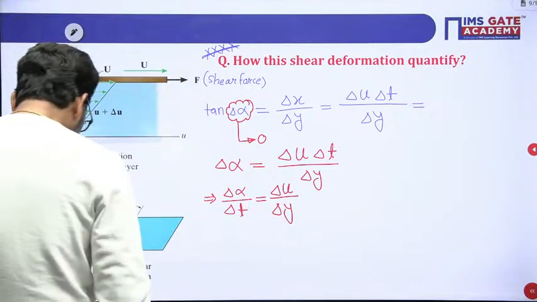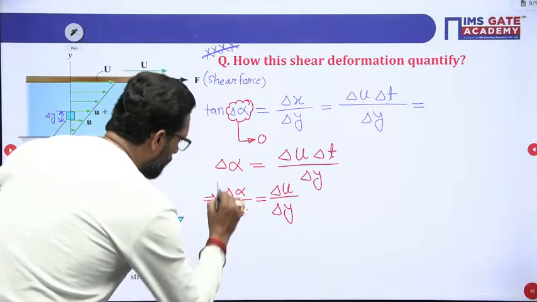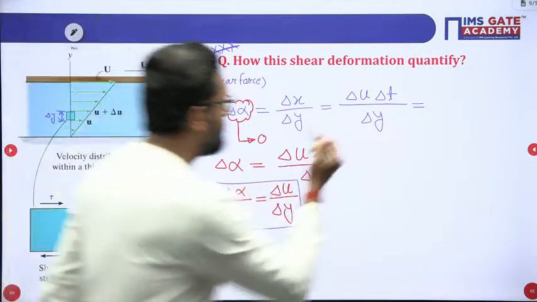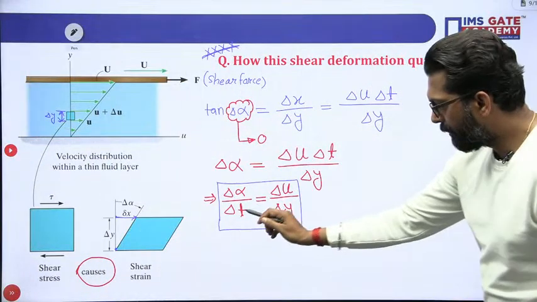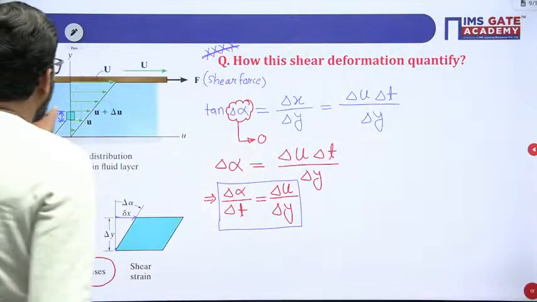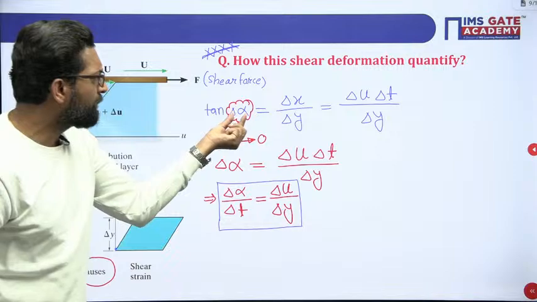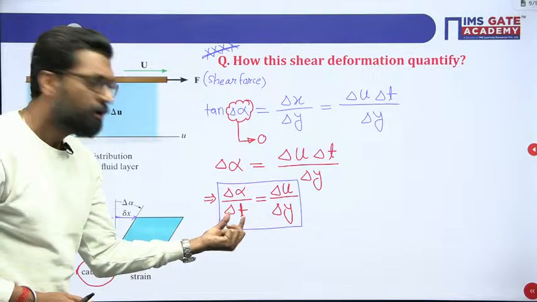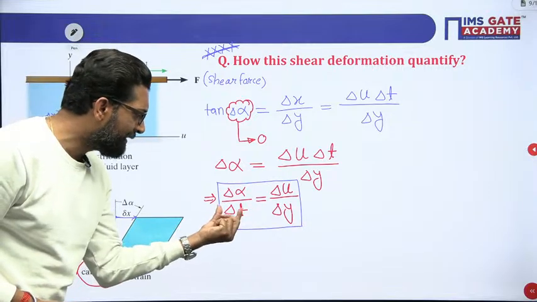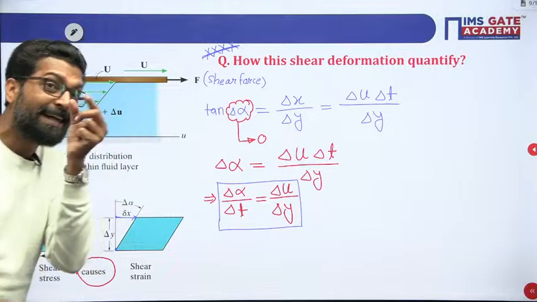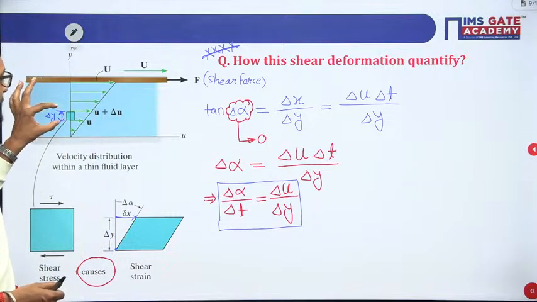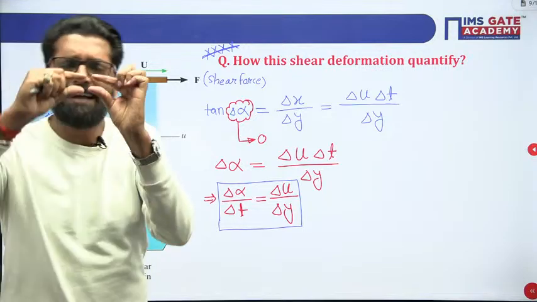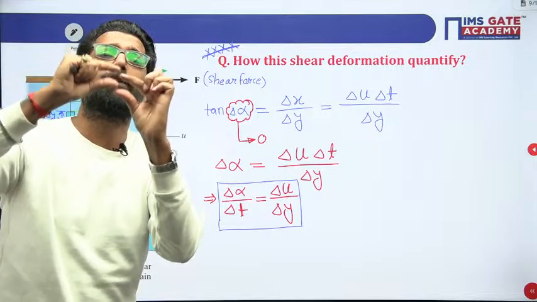Now, this is your main equation. How to analyze this mathematical model? We have to measure a very short interval of time. Why? Because the angle is very small, so we have to measure a very small angle in a small time. So let delta t tend to 0. And already we know that delta y tends to 0, as these are very adjacent fluid layers, and the distance between these two fluid layers tends to be 0.